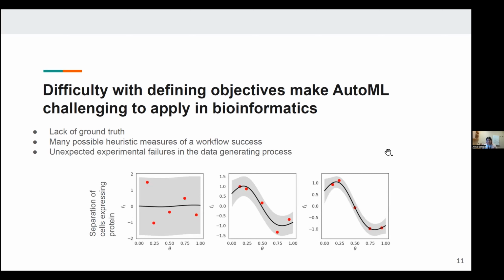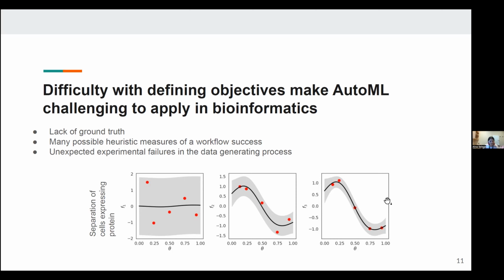And just to make matters harder, we also have to deal with unexpected experimental failures in the data generating process. What I mean by that is illustrated in this cartoon here. On the x-axis, I have some parameter of my workflow, theta, doesn't matter which one, that I'm trying to optimize. And when I'm evaluating my clusters, I decided to turn to these known proteins that some cell types should express, right?